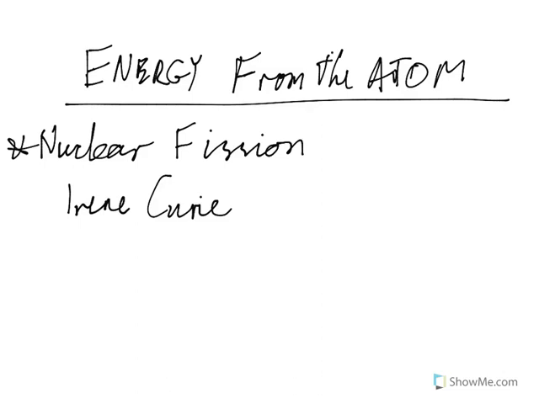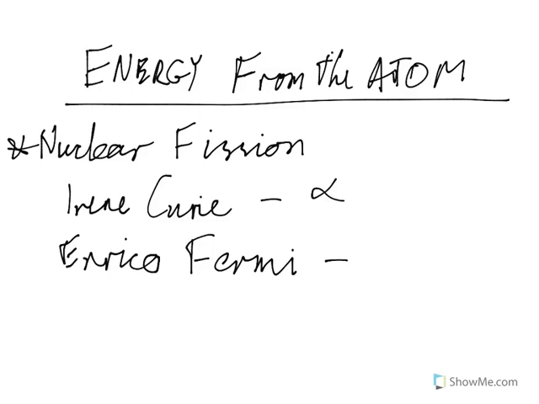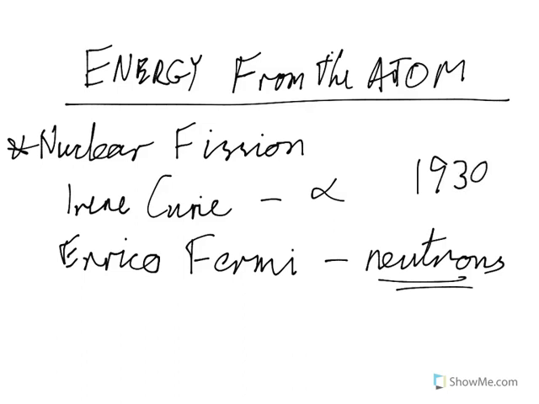Another one further down the track was Enrico Fermi, and he made a study of nuclear reactions. They used an alpha, and Fermi used neutrons, and that's the one we look at today when we're talking about nuclear fission. This was going on in the 1930s.